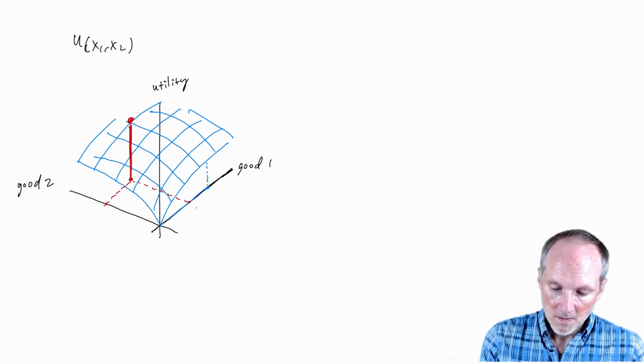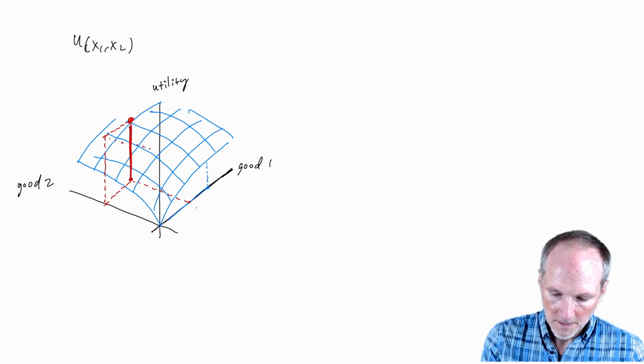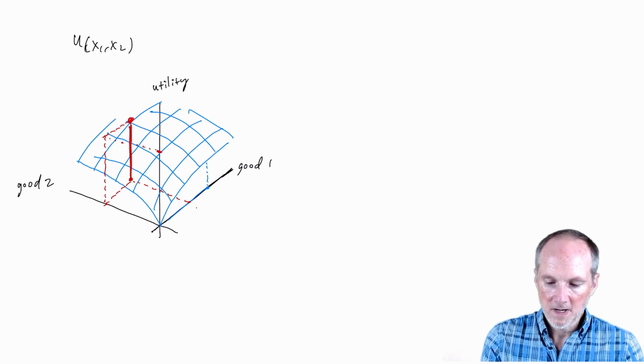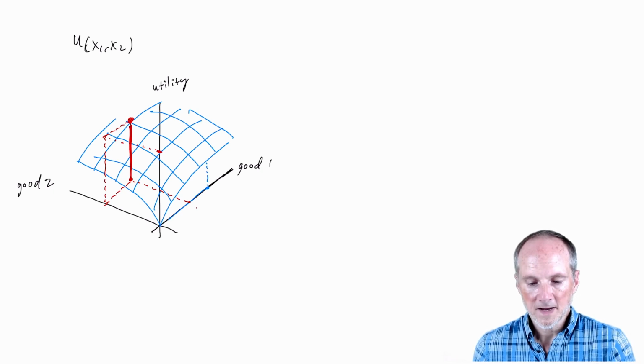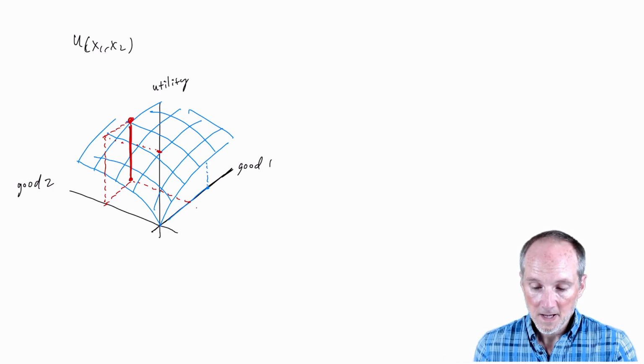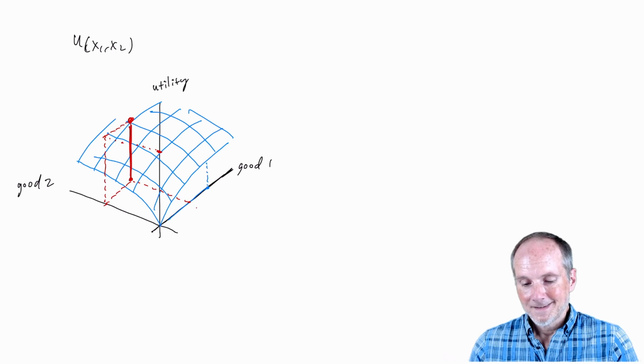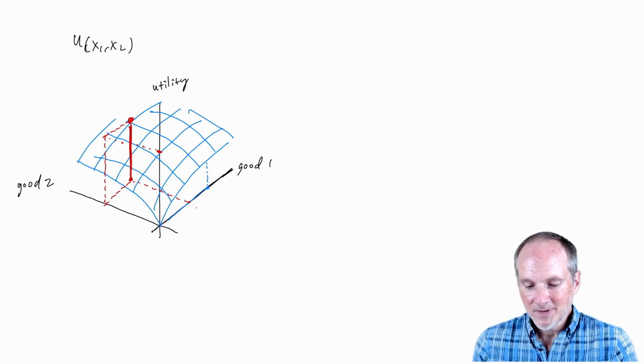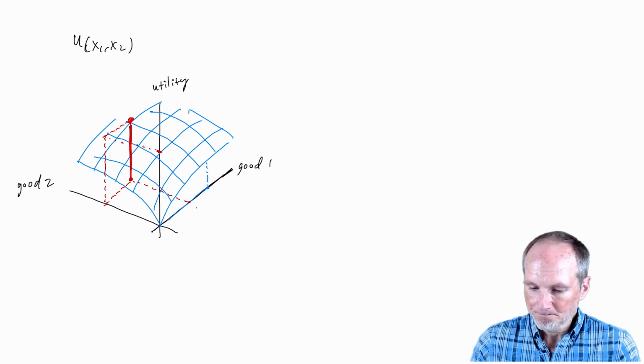So to read that off, we would have to come back over here and then go back over to the vertical axis, and that would mark off the utility from that bundle. This is not a simple thing to do. You don't want to do it too often.